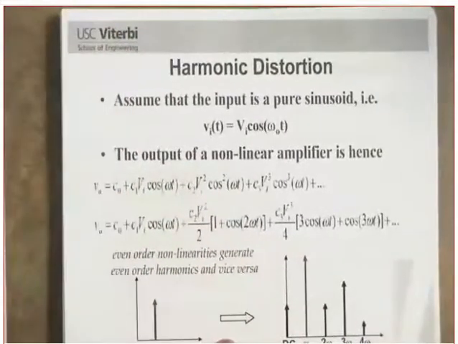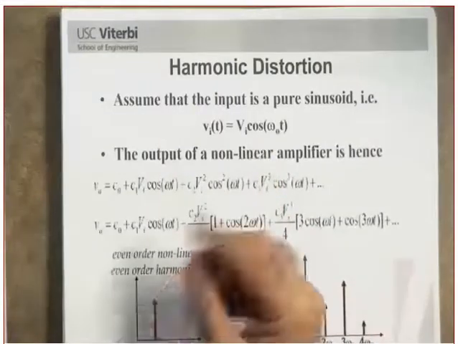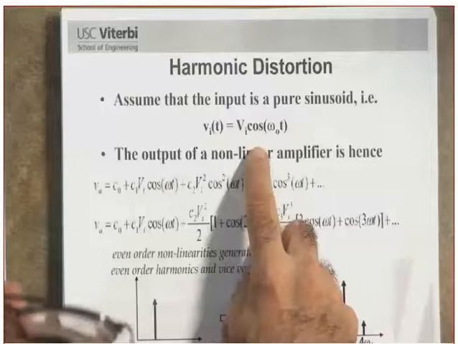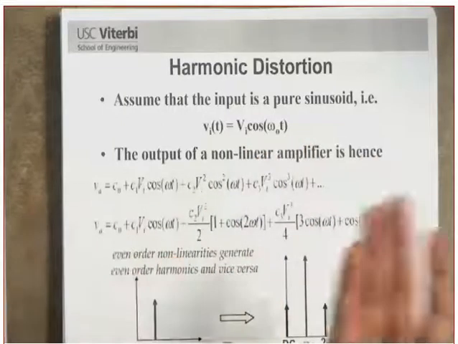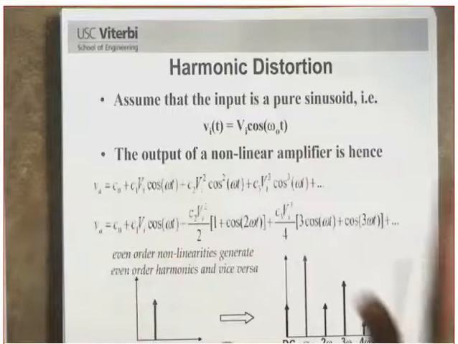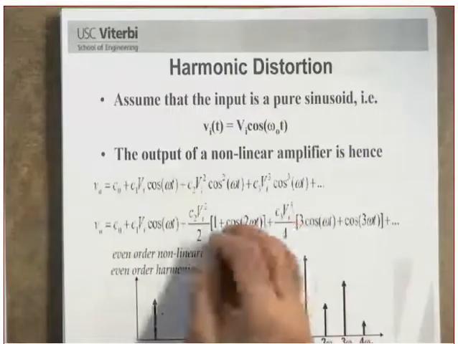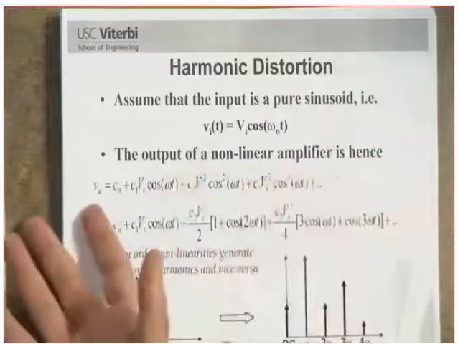Okay, let's look at the harmonic distortion. How many inputs? Only one input. Now, I need you to understand one thing. In here, I'm assuming that the input is a pure sinusoid. Agree? In reality, is it a pure sinusoid? Sorry, it's a sinusoid along with its modulation. Yes or no? But this is just to show you the problems with the nonlinearity.